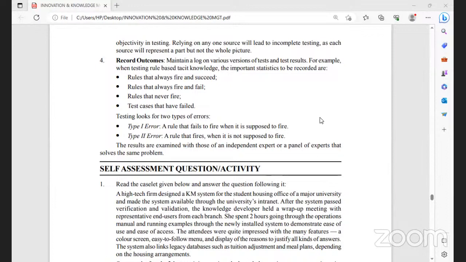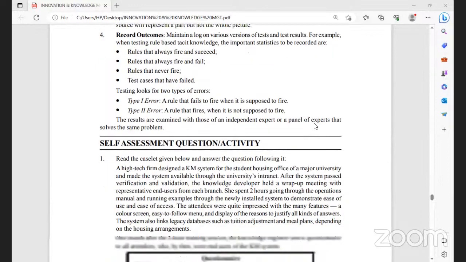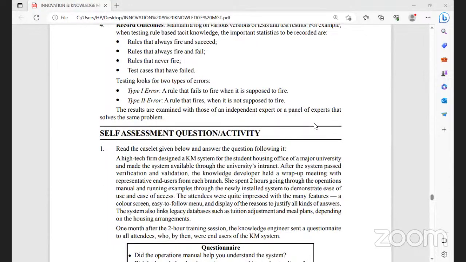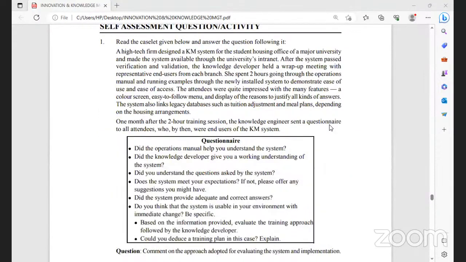Type 1 error is a rule that fails to fire when it is supposed to fire, and type 2 error refers to a rule that fires when it is not supposed to fire. The results are examined against those of an independent expert or panel of experts that solves the same problem.